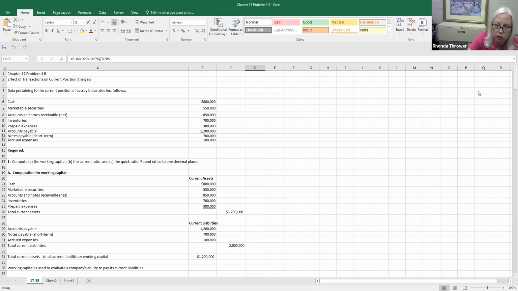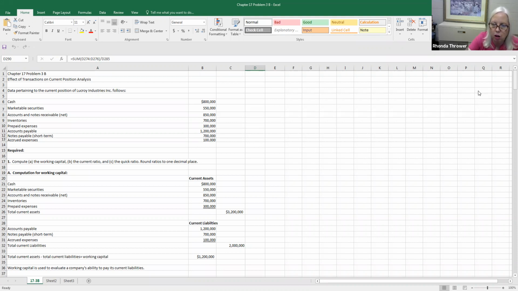So your retained earnings would have gone down and your dividends payable account would have gone up. So the current assets were not affected at all, but it would have affected your current liabilities by increasing the current liabilities for the new account called dividends payable. So we added a new account in here, dividends payable.